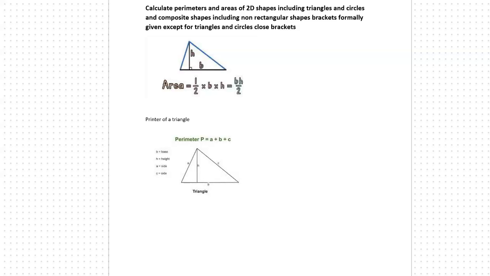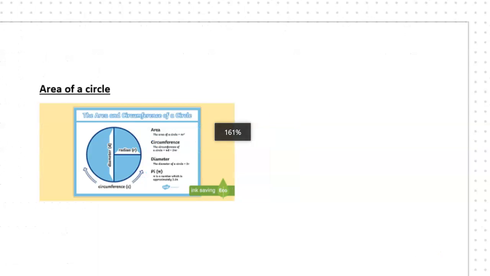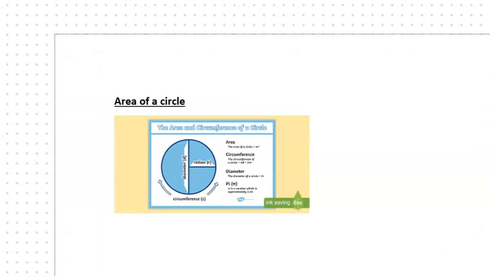Perimeter of a triangle, and again just walking around the edge. So in this example it is A plus B plus C. Okay, so you also need to know the area of a circle. Area of a circle is pi r squared. Let me write that in for you. It won't give you this formula, although the question might ask you to work out the area of a circle.